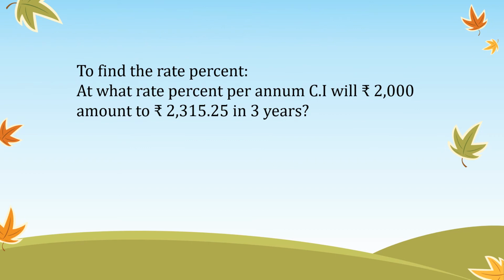Next is to find the rate percentage. At what rate percentage per annum compound interest will 2000 amount to 2315.25 in 3 years?